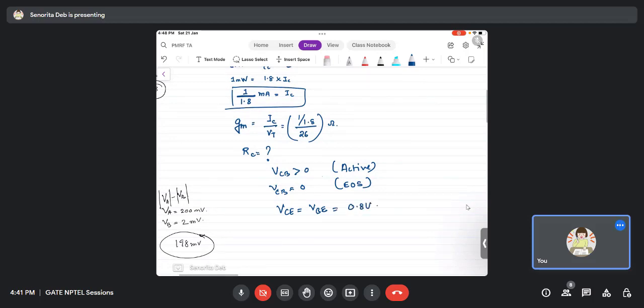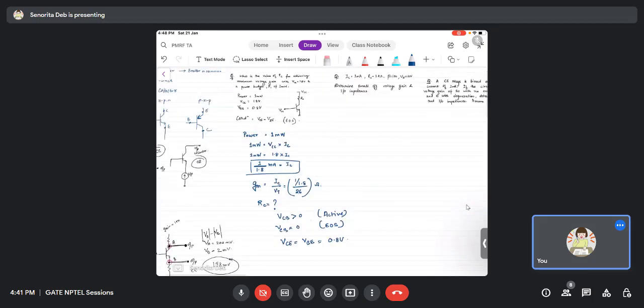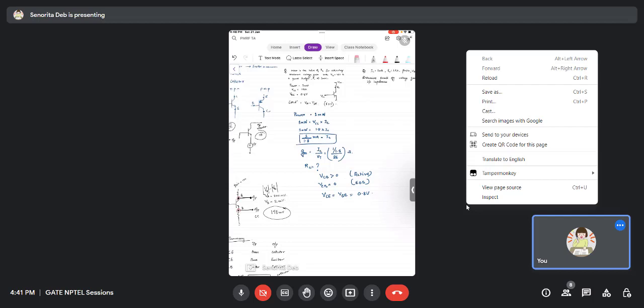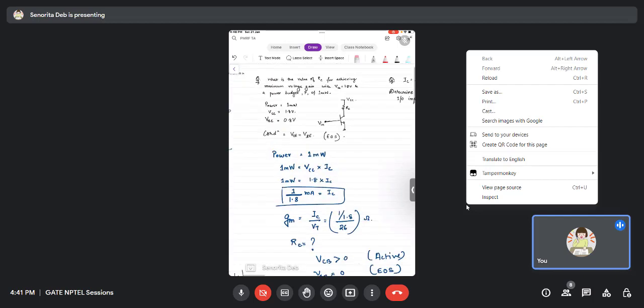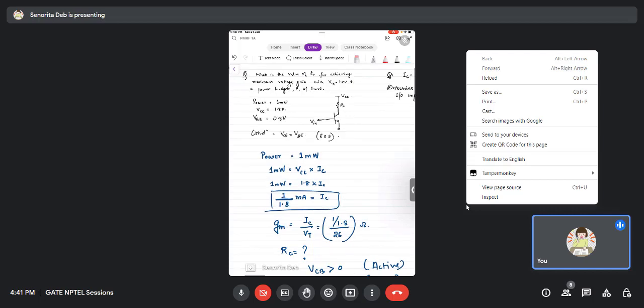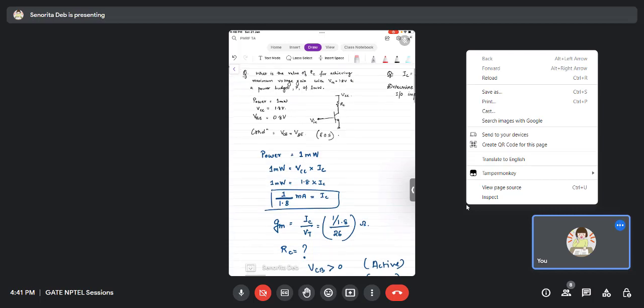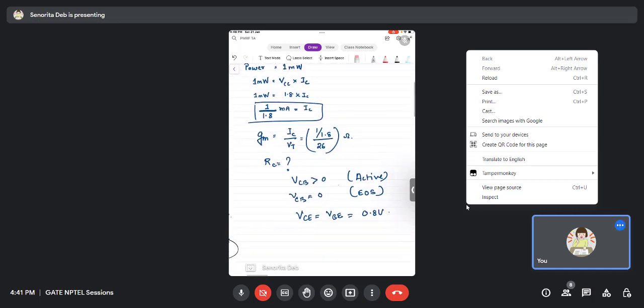Let me rotate this. This is how I'm moving forward. So now VC is equal to VBE equals 0.8.